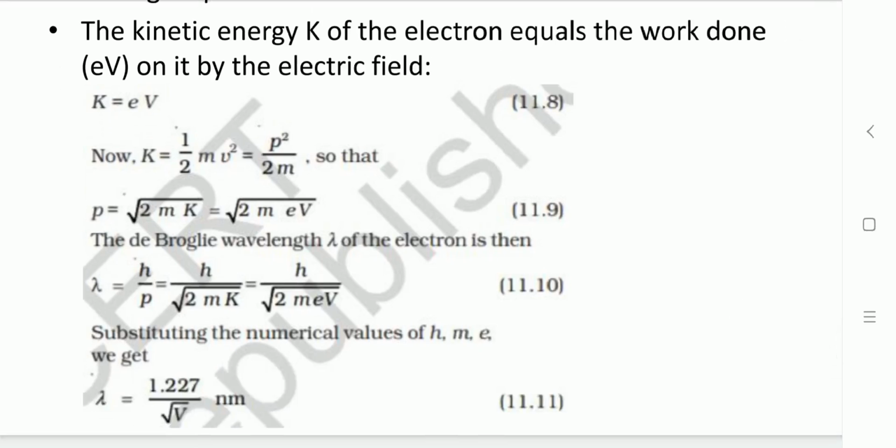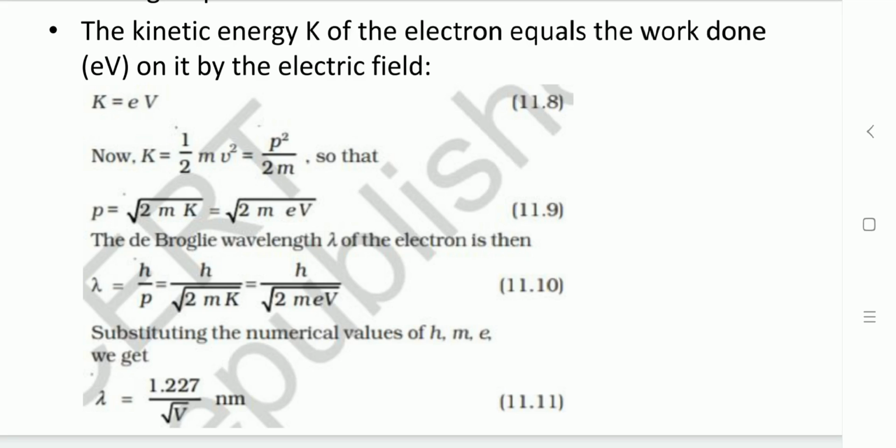So in terms of momentum, we have KE = 1/2 p² by m. So p equals the square root of 2mK, that is equal to the square root of 2m eV, where e is the electron charge and V is the voltage. Now if we substitute the value of momentum p in the de Broglie wavelength, lambda equals h by p, that would be equal to h by the square root of 2mK, which is h upon the square root of 2m eV.